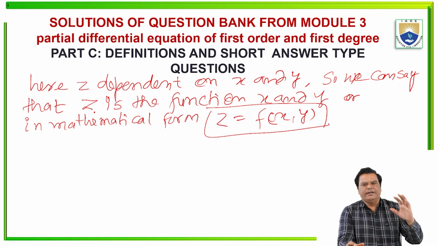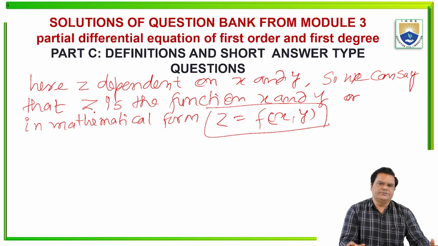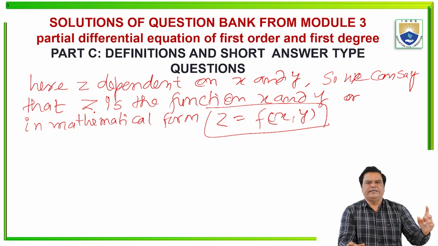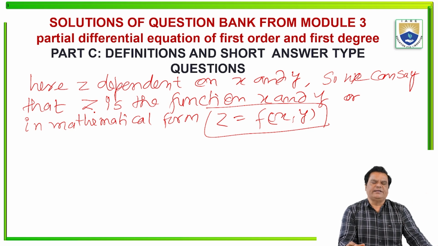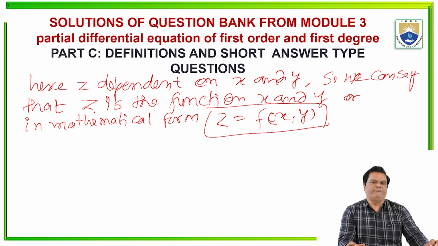But in Module 3, we discuss those partial differential equations in which there are only two independent variables x and y, and z is the dependent variable, a function of the two variables x and y.